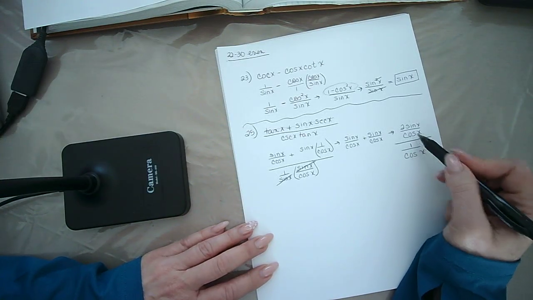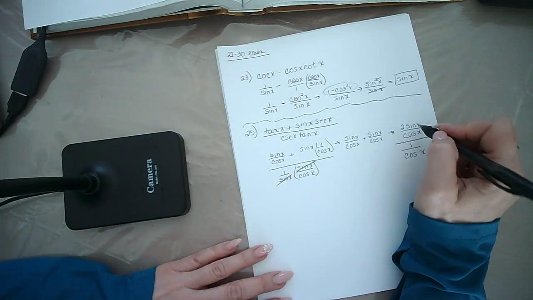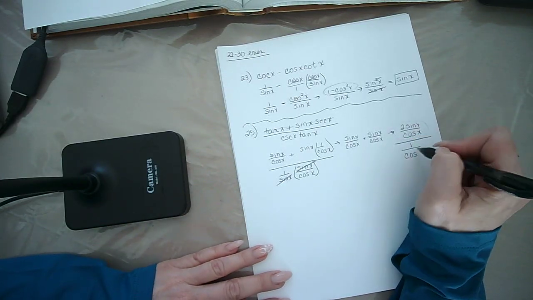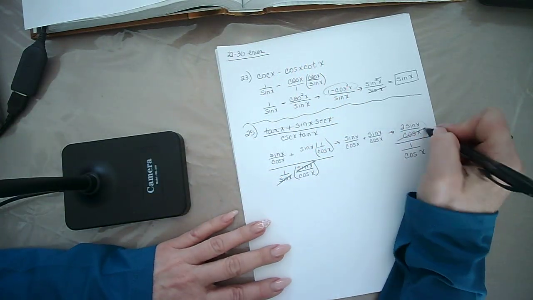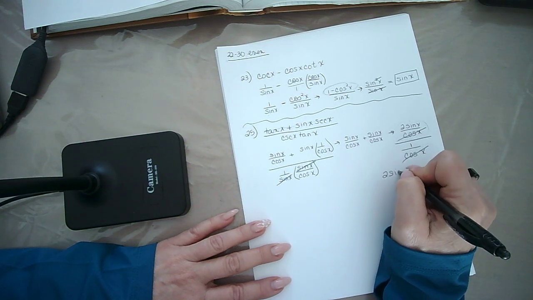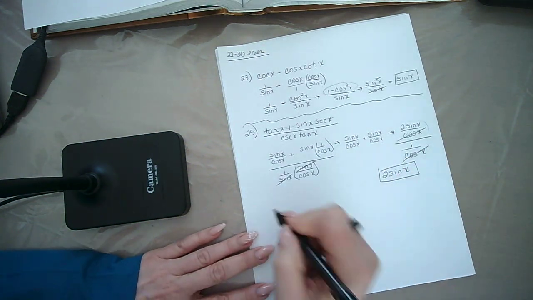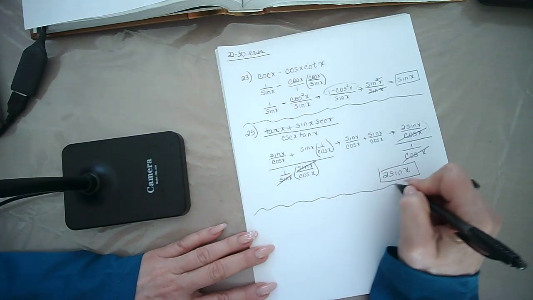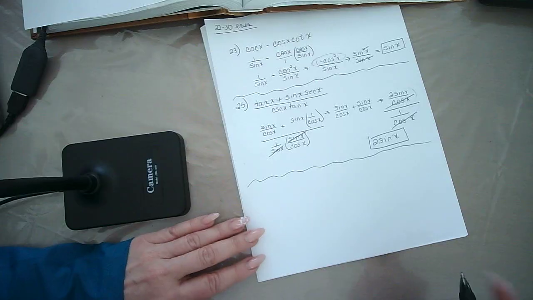Now, remember what we said in the previous problems about the denominators when they're the same? You're technically saying this divided by this, which means you're reciprocaling this and multiplying it. These cancel out, so I'm just left with 2 sine x. So one that looked like it was going to be a little more challenging really wasn't that bad. Okay, trust me, that is not bad.